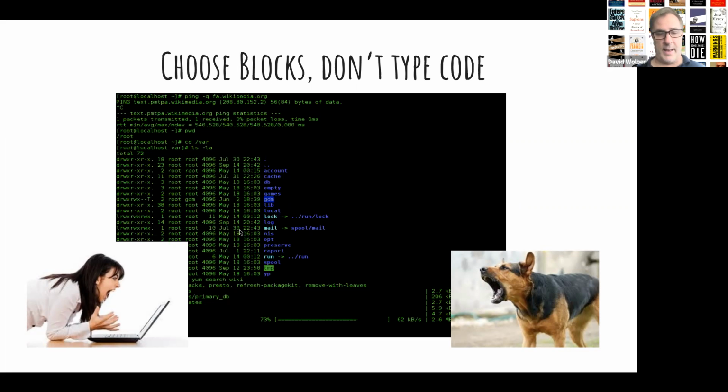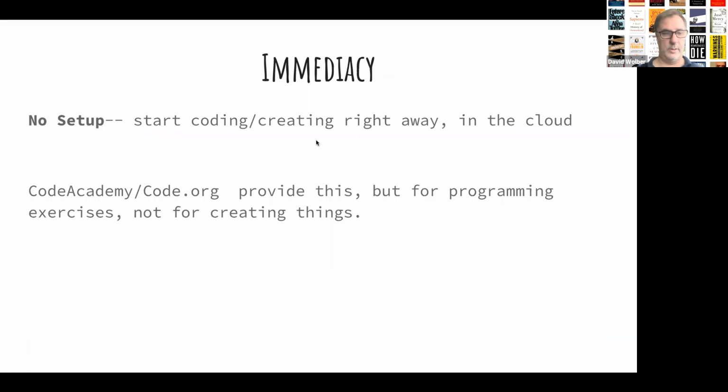Instead of that initial introduction where you're writing command line terminal programs and you've got errors being barked at you and you're not really building that cool stuff. Sometimes you are, depending on what you like. But you're definitely not building visual stuff. So choosing blocks is a nice way to do things.